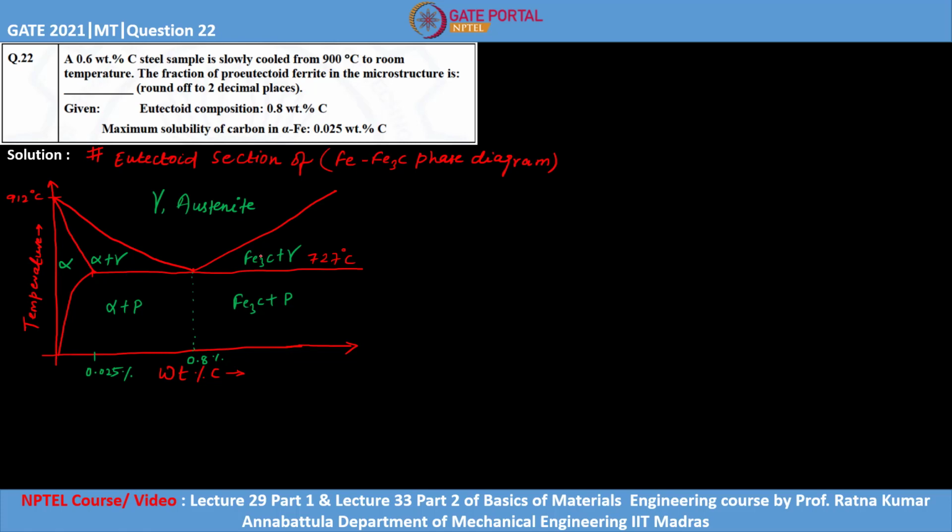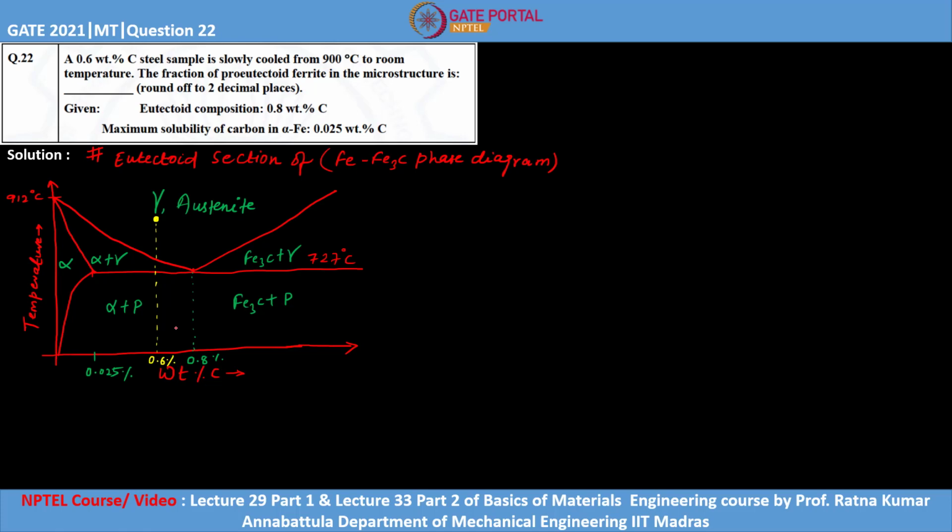On the right side we will get pro-eutectoid cementite before the eutectoid temperature. Now our interest is the composition with carbon weight% 0.6. So basically we are cooling from 900 degrees Celsius to room temperature slowly, so that we get the phases as per this diagram.